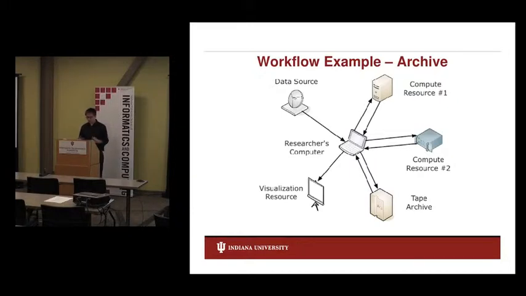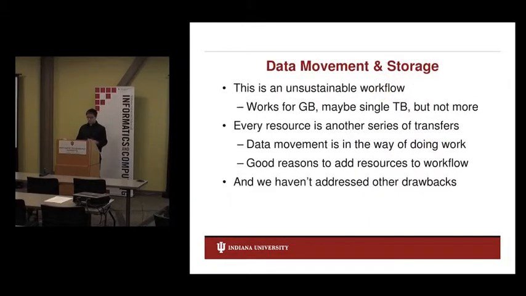So you can see a lot of arrows here, a lot of transfers, and it's starting to get cumbersome. It's starting to get in the way of actually doing science. So you can see that with 4 resources, it's starting to get out of control. It's starting to become unsustainable. And like I said, it might work for gigabytes, maybe even 100 gigabytes if you have fast network connections, maybe even terabytes if you're really patient, but certainly not much more than that.